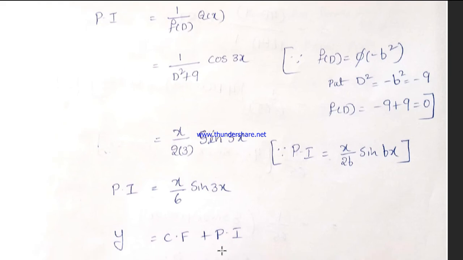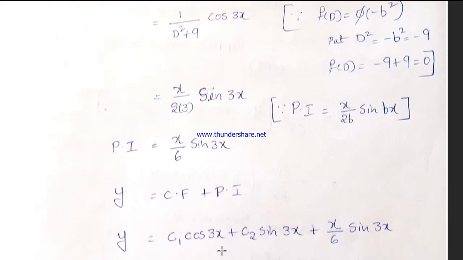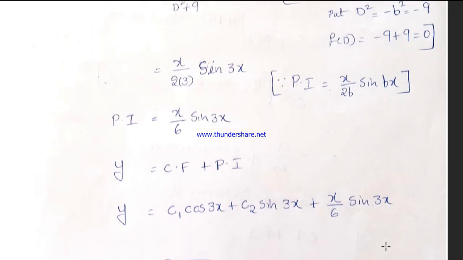So finally, y is equal to complementary function plus particular integral, that is y is equal to c1 cos 3x plus c2 sin 3x plus x by 6 sin 3x. This is our required general solution.